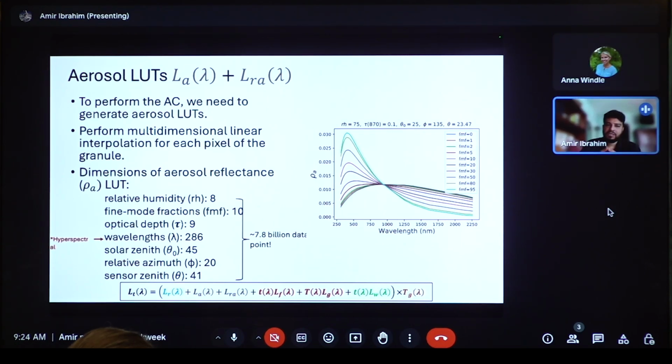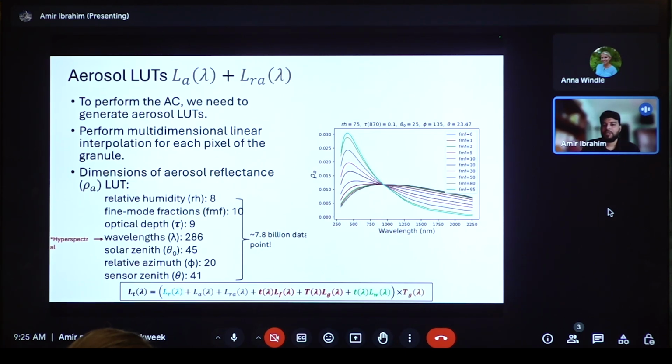I just wanted to emphasize one particular aspect that we faced with the PACE mission, which is the computational efficiency and the data storage. So when you run SeaDAS during the training, and you process level 1 to level 2 images, if you use a multispectral sensor like MODIS or VIIRS, you can see the processing is very quick and efficient.